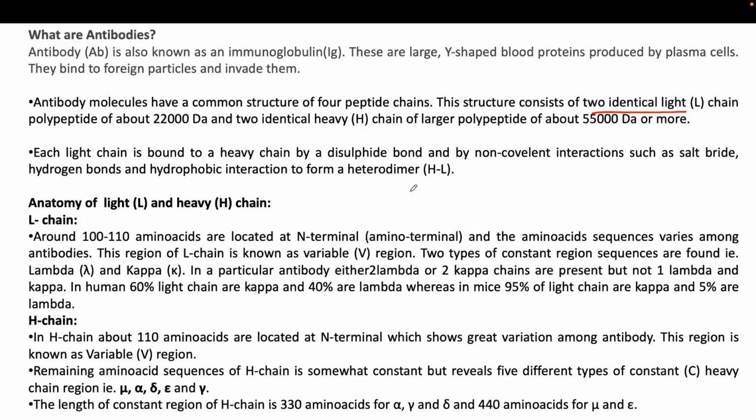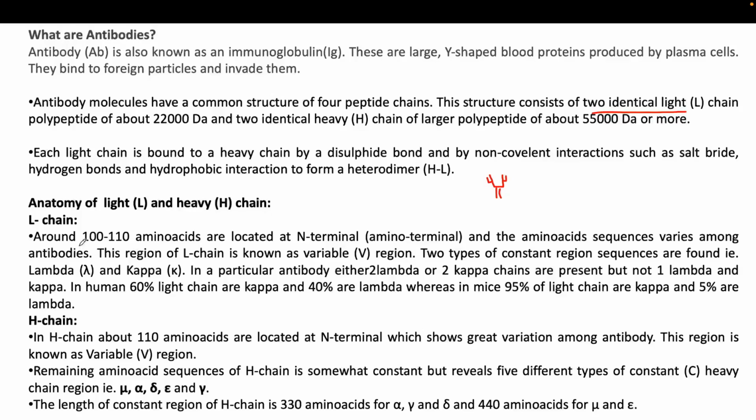The antibody is Y-shaped, and because it has two types of chains, light chain and heavy chain, it forms a heterodimer. Then we will see the anatomy of light and heavy chains.